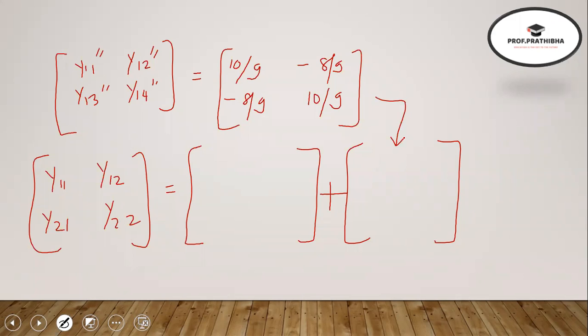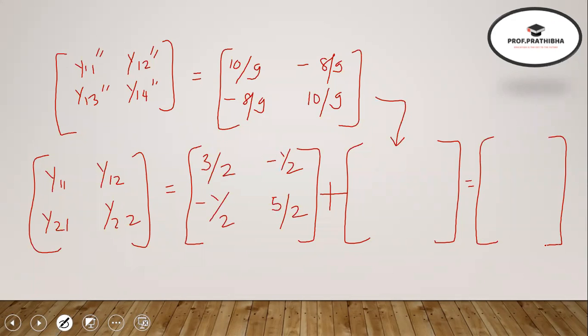And what was your first part? Your first part is nothing but 3 by 2 here, minus half here, minus half here, and this is 5 by 2 here. So when you add both of it, please tell me what is your final answer. Add both of them. Tell me what is your final answer.